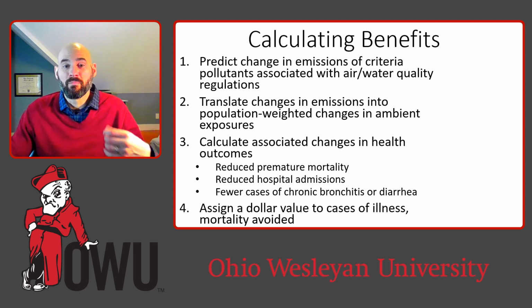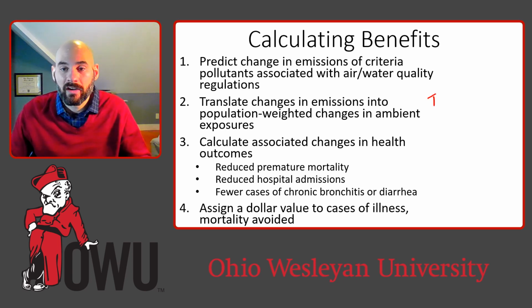So if we are mandating that firms now have to install scrubbers on their smokestacks, which should reduce their air pollution, we have to calculate or predict how much that air pollution is going to change at the point of emission. Then we need to take those changes in emissions into changes in ambient exposure. And this is going to require the use of our transfer coefficient.